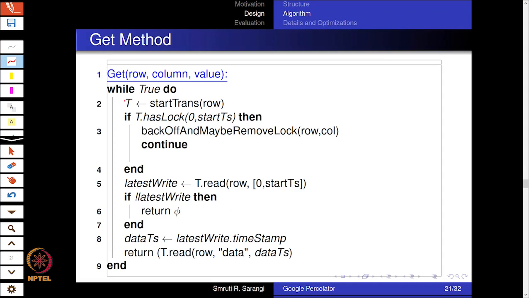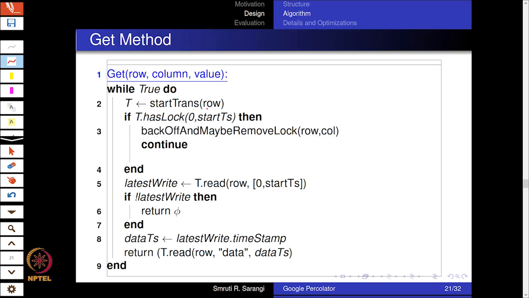So then for my get operation, which is getting a row and a column, what do I do? Well, I start a while loop.